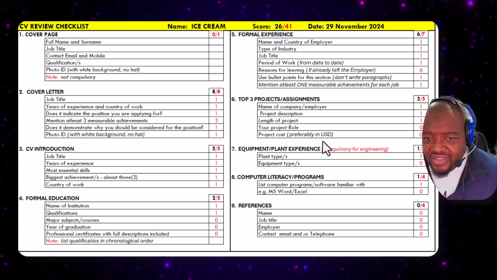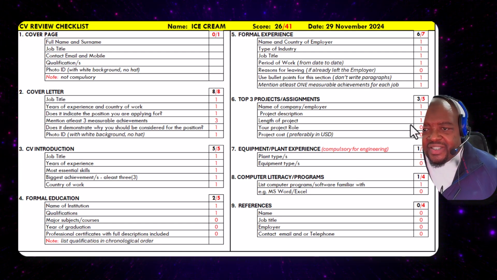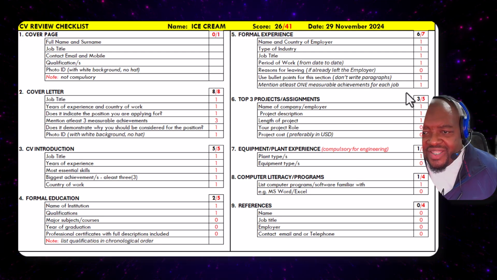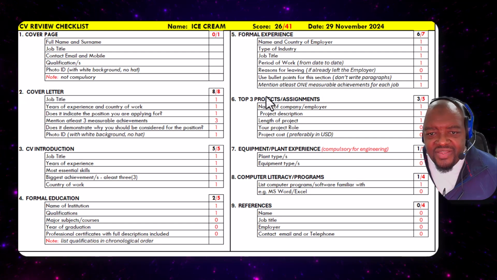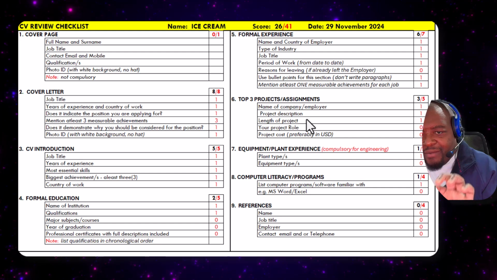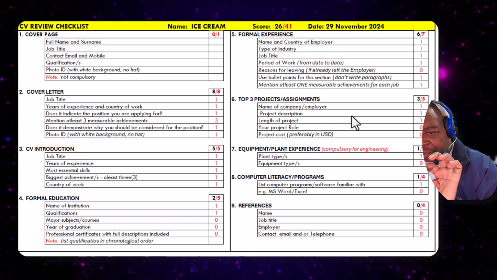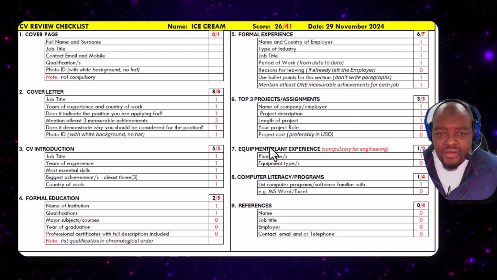Role, he did not mention, project cost, he did not mention. And as I say, I would have loved to see this section separately, even tabulate it. Name the project length, company, what was his role, year completed, or the length of the project.